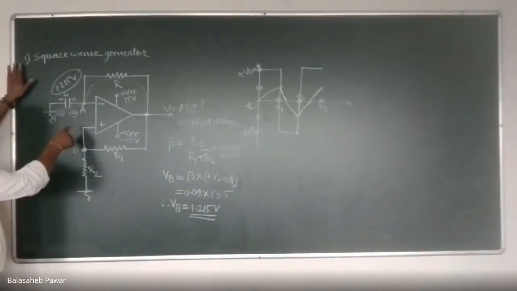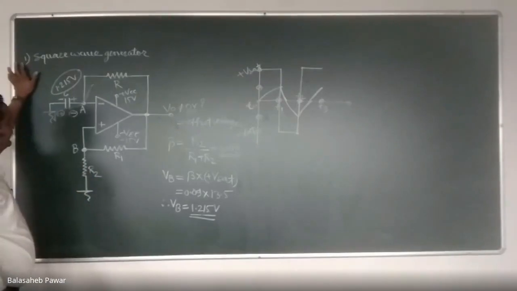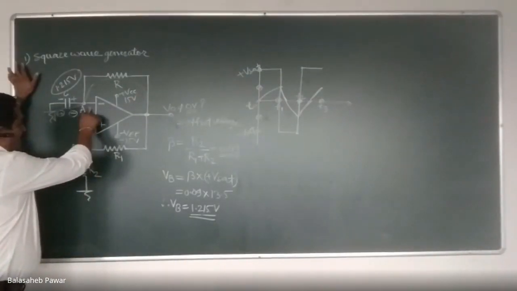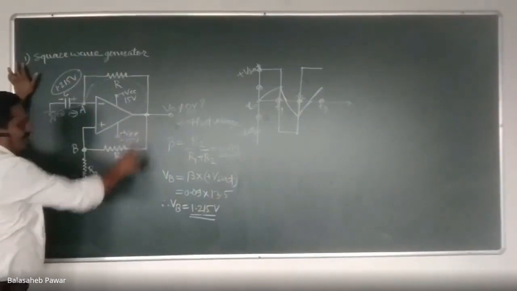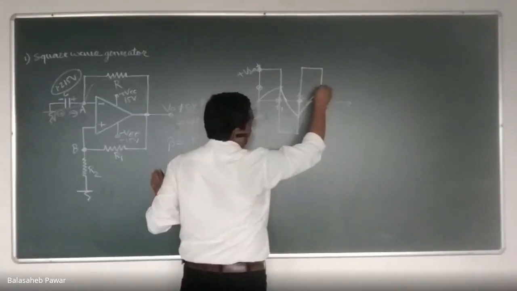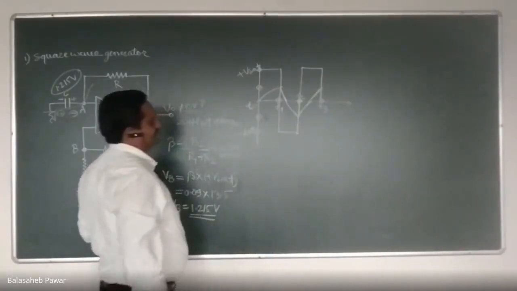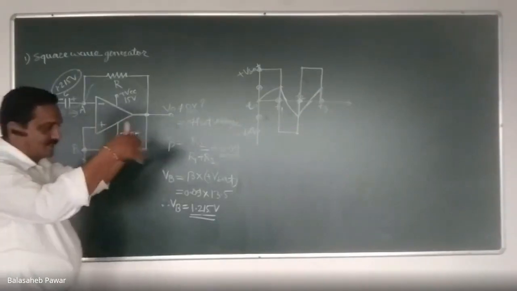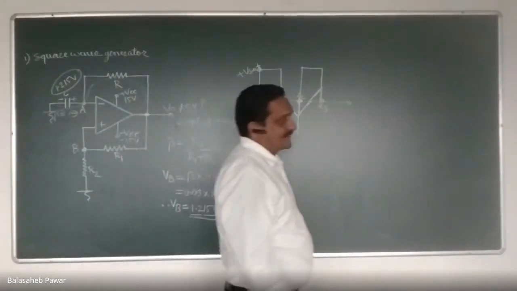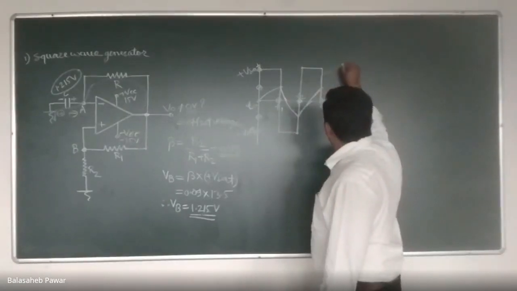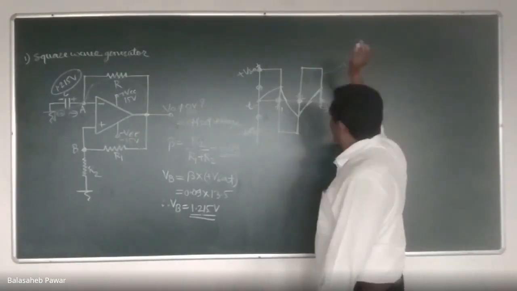When it becomes 1.215, the differential voltage of the op amp will become 0 volts, and hence again the output will get forced to 0 at t equals T3. And later on, this cycle will remain repetitive. Correct? So see, what nature of output are we getting?